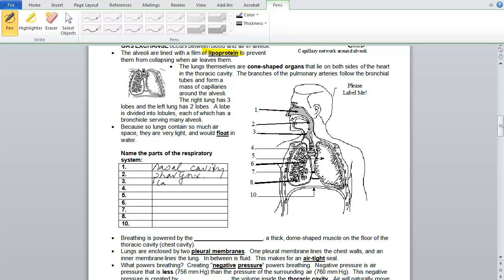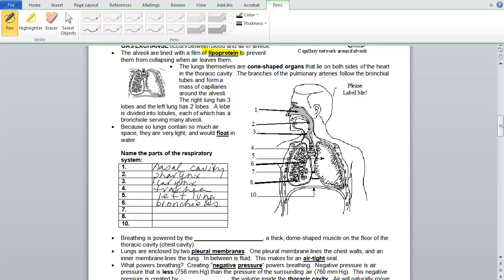Number 3, the voice box, larynx. Number 4, the airway, trachea. Number 5 is a lung, the left lung. Number 6, bronchioles.